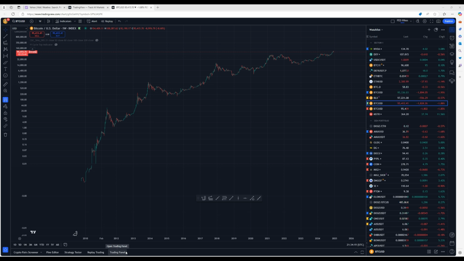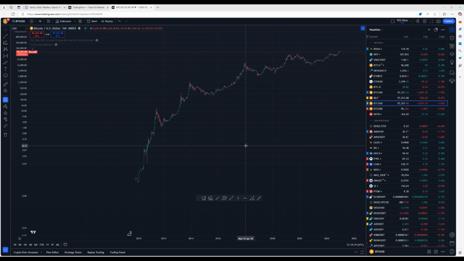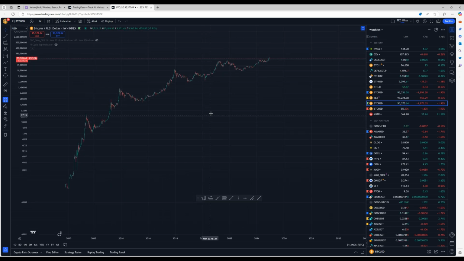Most of them are staring at the 1 hour and trying to figure out the bullish case and where does Bitcoin go, and they're not answering the questions that people are looking for.